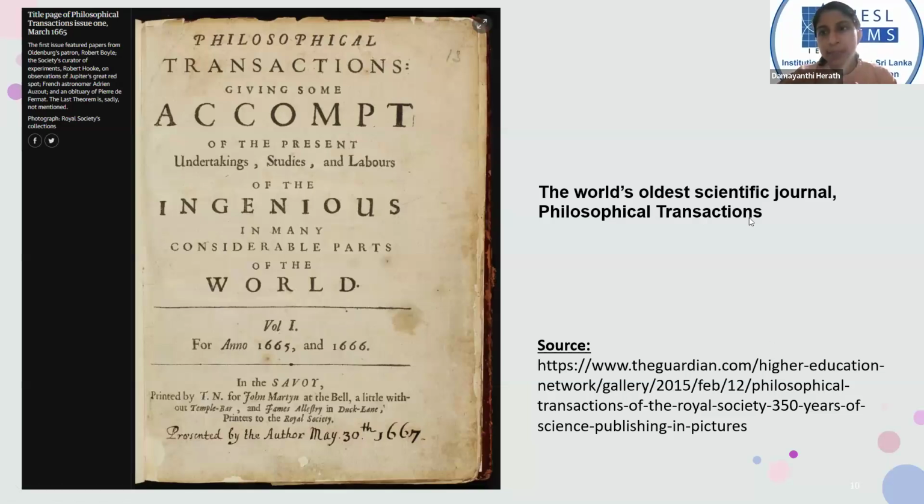This is a very interesting article if you choose to read, where they published a gallery showing photos relevant to the world's oldest scientific journal, called Philosophical Transactions. It was published in 1665. So this is how the cover of the world's first scientific publication looked.